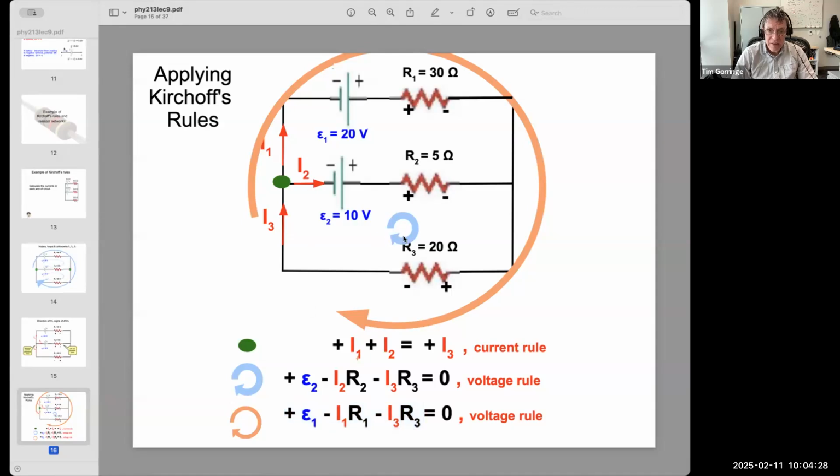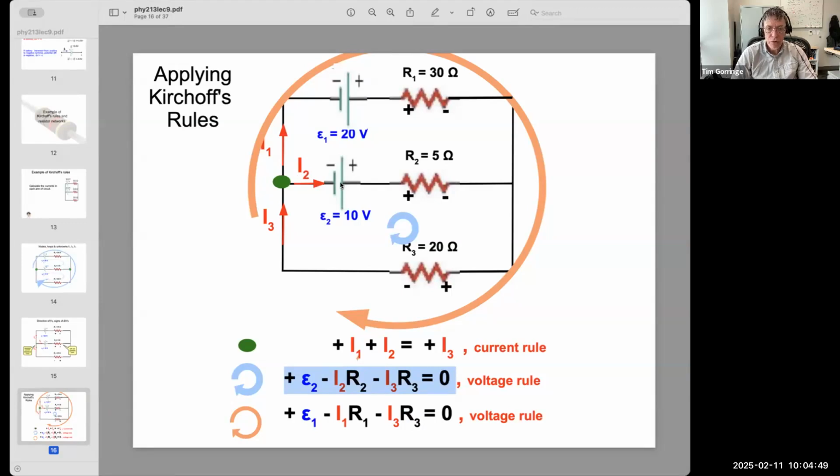In this interior loop that uses the central arm and the bottom arm, I've written down the equation in a similar way. Again, when you walk around this loop, there are three components: the battery, the resistor R2 this time, and R3, a resistor we met before.